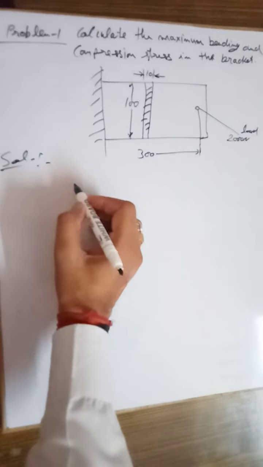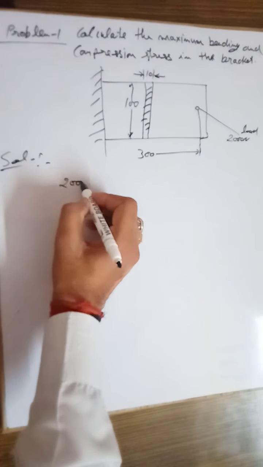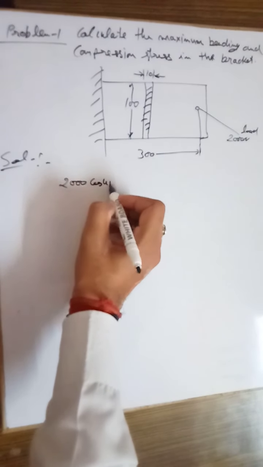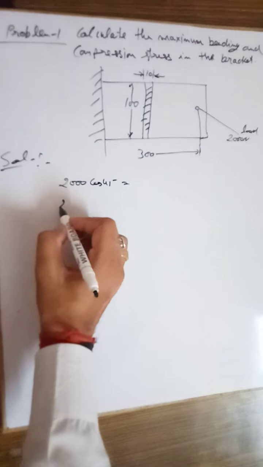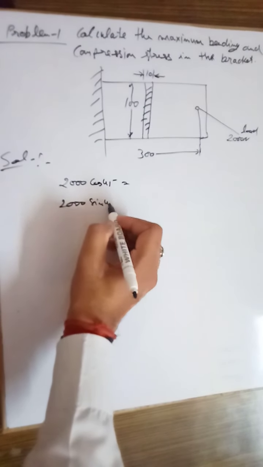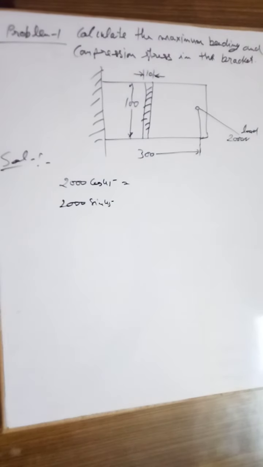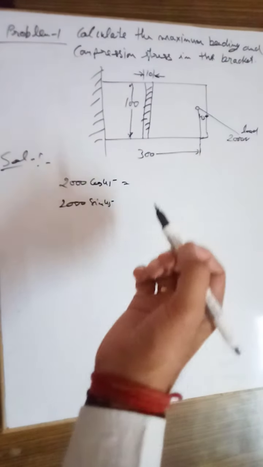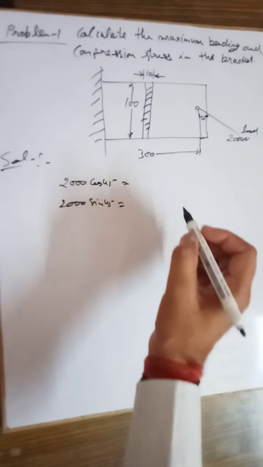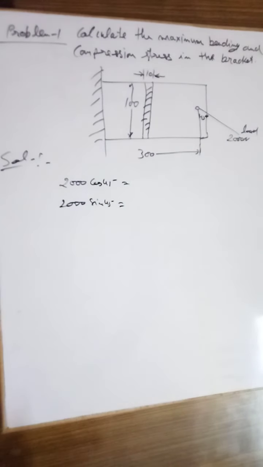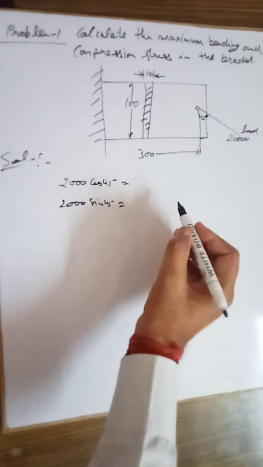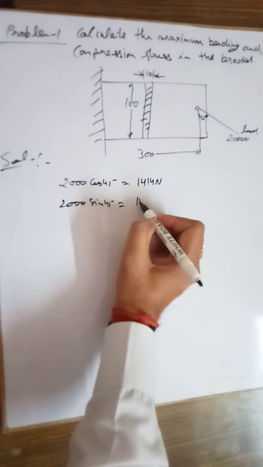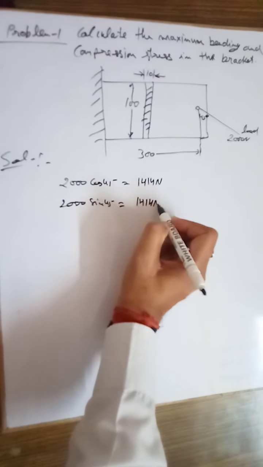So what it will be, I think it's 2000 cos 45 and 2000 sine 45. So finally as we put the value, if this angle is given as 45 degree here, as you put the value of cos 45 and sine 45, it will be equal to 1414 Newton.